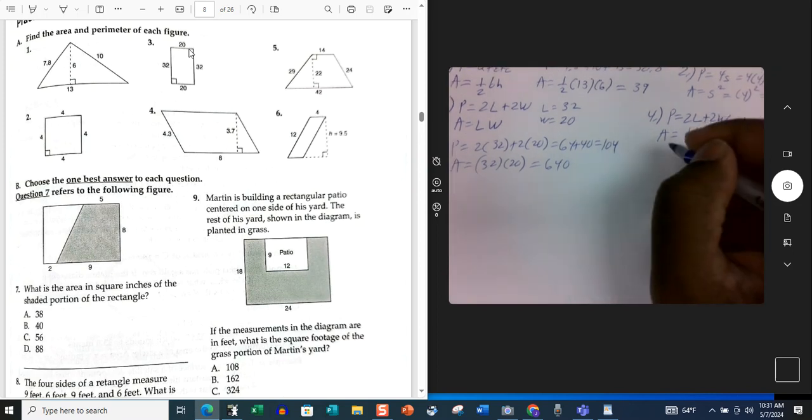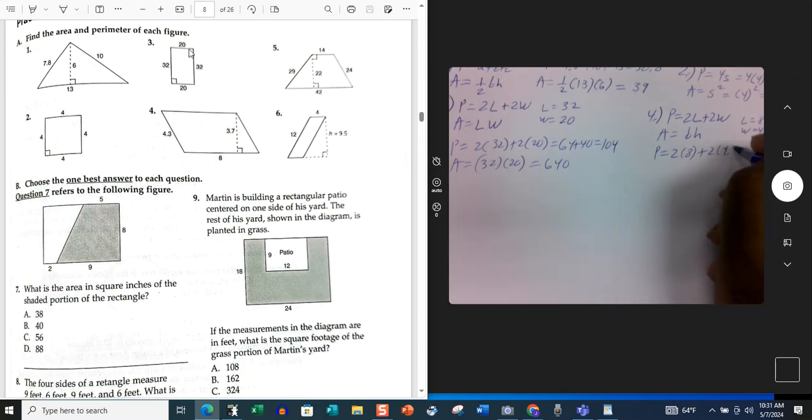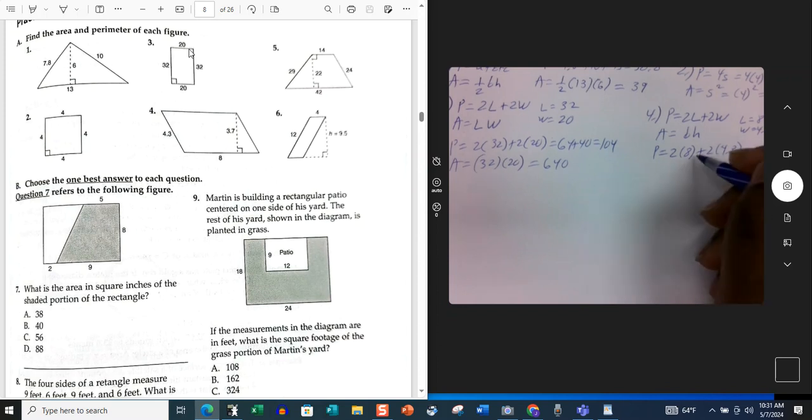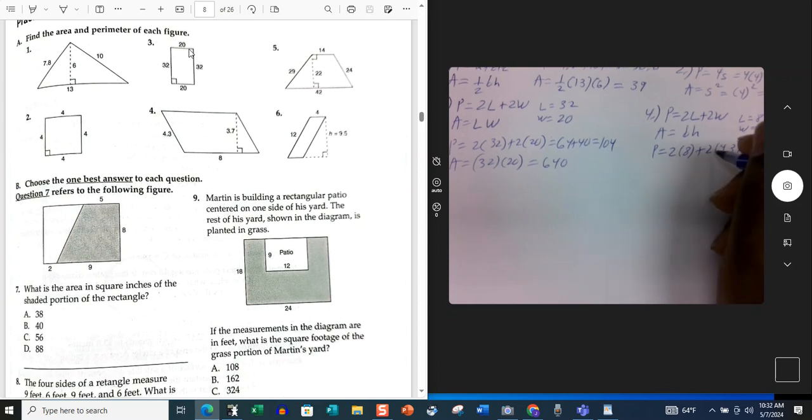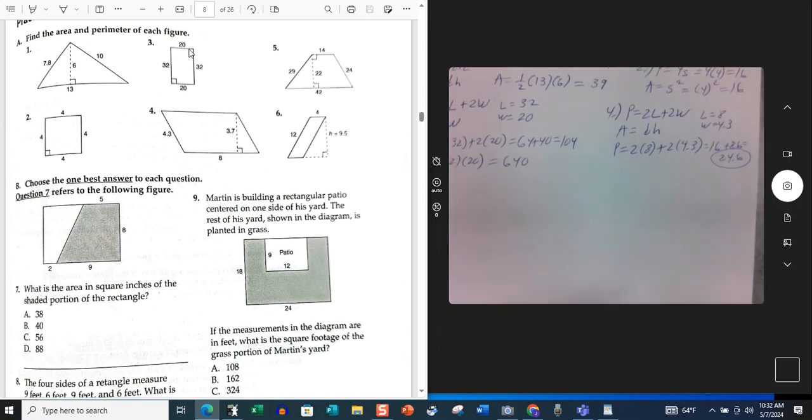So now we can substitute. So we have P is equal to 2 times 8 plus 2 times 4.3. 2 times 8 is 16. 2 times 4.3 is 8.6. So this here will give you 24.6. So that right there would be your perimeter, 24.6.